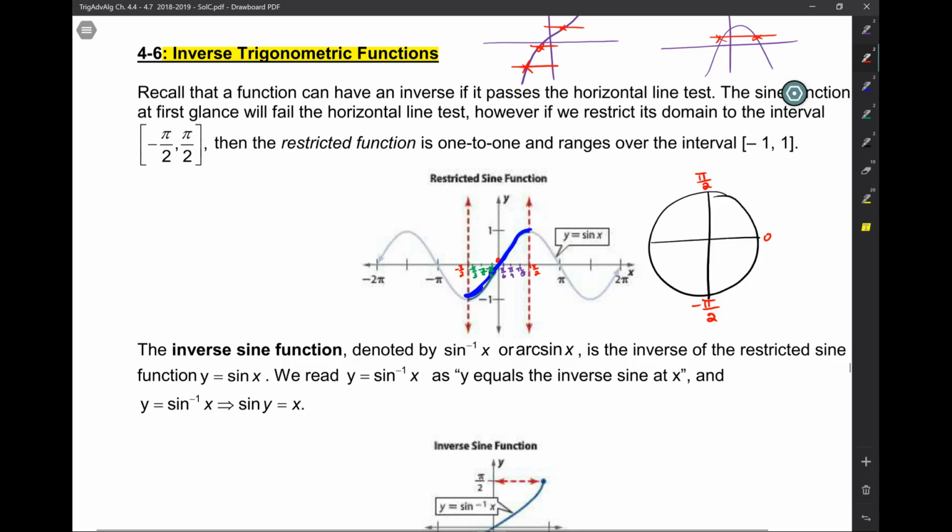How about the purple ones? They go here: pi over 6, pi over 4, pi over 3. And then I have negative pi over 6, negative pi over 4, negative pi over 3. Take a look at this. You know why I like it in this format more than in the other format?